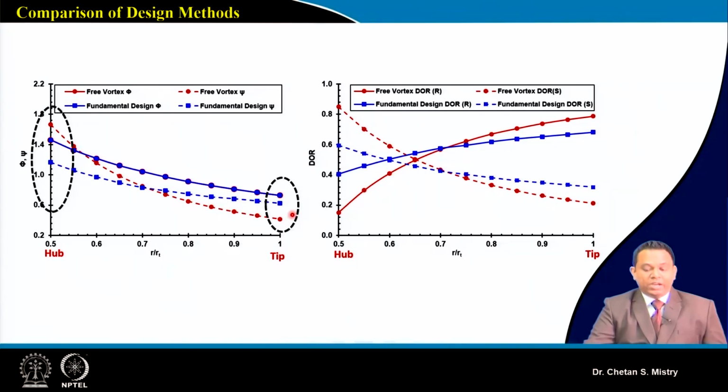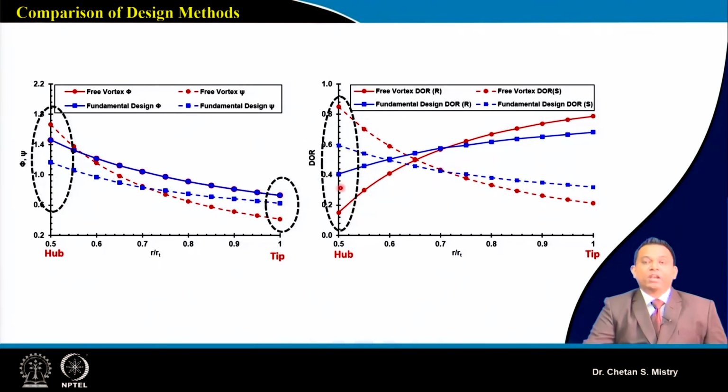Okay, and in line with that, this is representing my degree of reaction, and as we have discussed, degree of reaction represents your thermodynamic diffusion. So in line with what we have discussed about the diffusion factor, a similar kind of trend we are observing here.